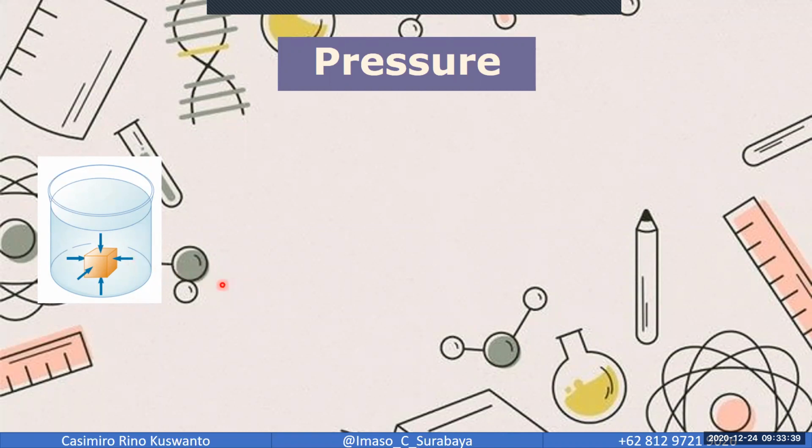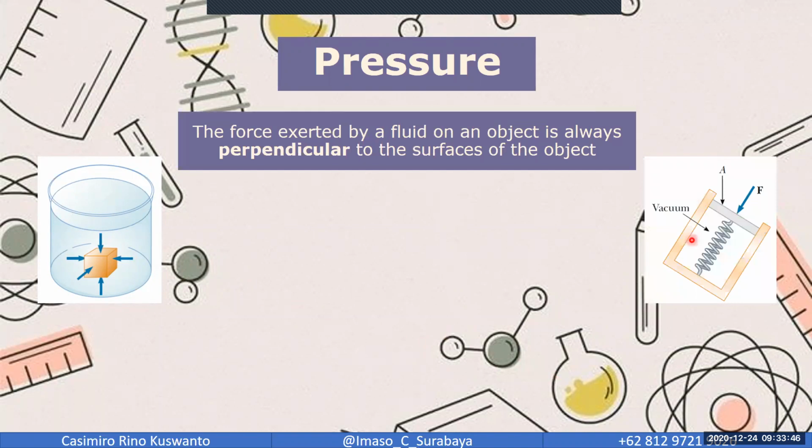Then, if we replace this cube with a device that can measure pressure, for example this piston or spring, the water will compress the surface A until equilibrium, which means the inward force exerted by the fluid is balanced by the outward force exerted by the spring.